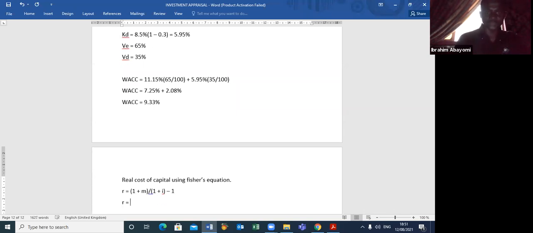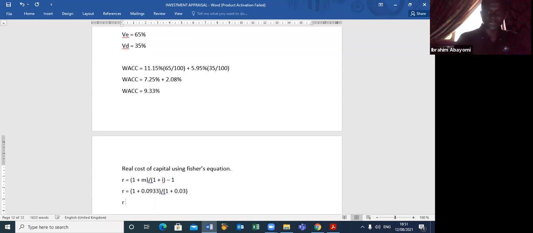Real cost of capital is equal to 1 plus 0.0933, all over 1 plus the inflation rate of 3%, 0.03. So real cost of capital is 1.0933 over 1.03 minus 1.